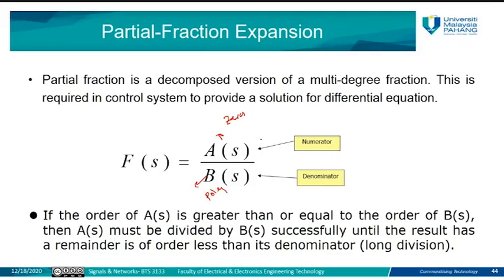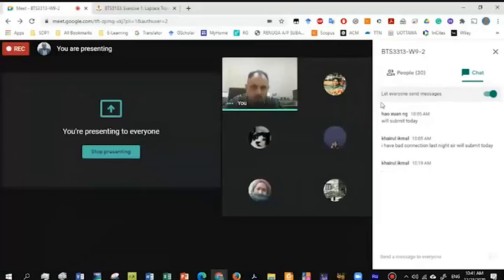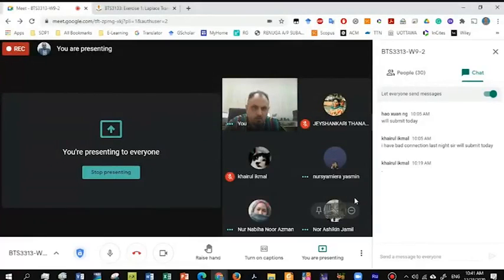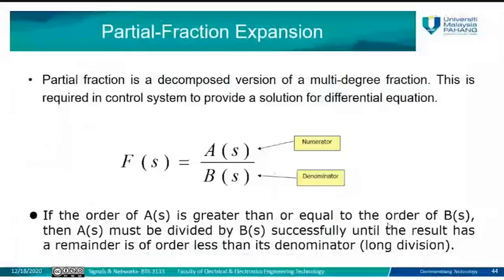If the degree or the order of the numerator is higher than the denominator, like if we have the function s cubed plus 5s squared plus 2s plus 1 over s squared plus 2s plus 3, the order of the numerator is higher than the denominator.